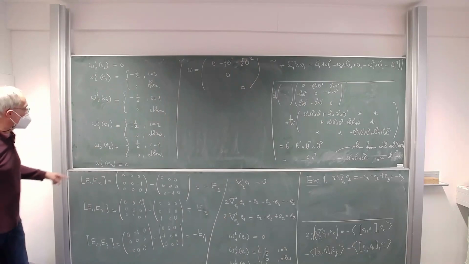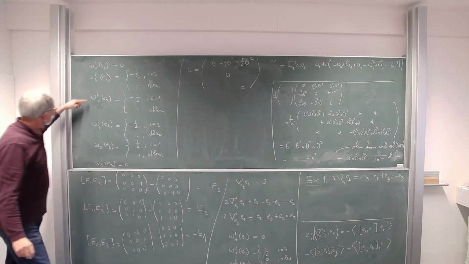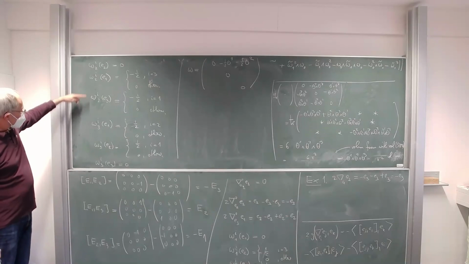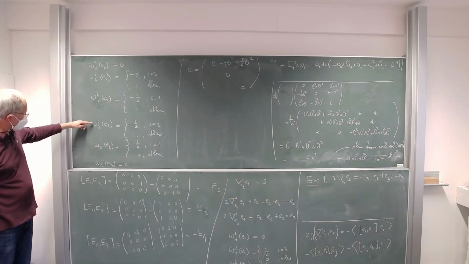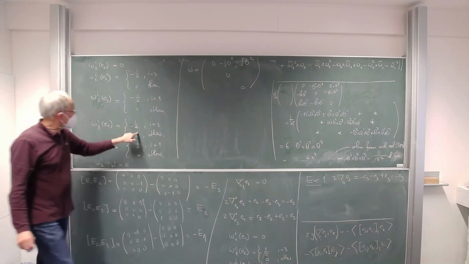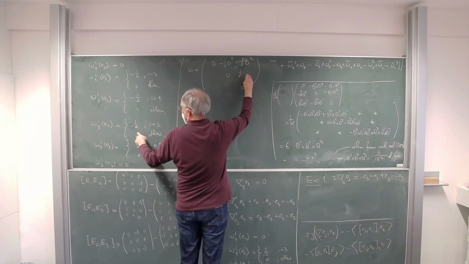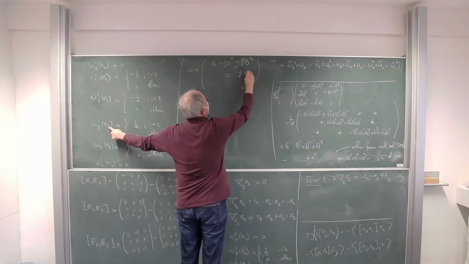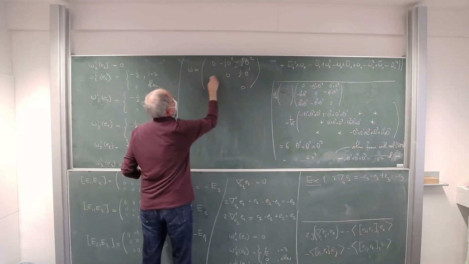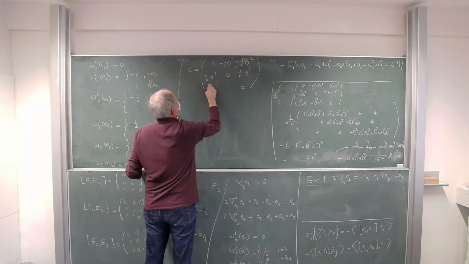And so on. The only other term is this one, the 2-3 term. When I put I equals 2, I get this contribution here, plus 1/2 theta 1. The rest follows by skew symmetry of these terms.